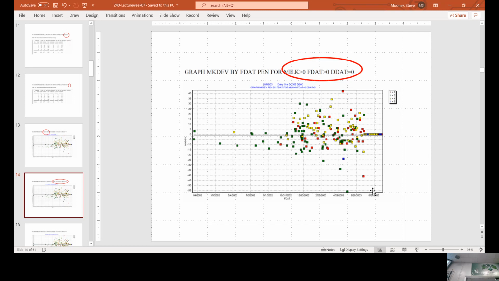We can start clicking on those individual squares and get those animals up and running. So this gives you an opportunity to see if our animals are doing better or worse than expected.